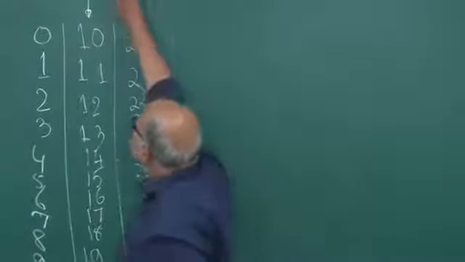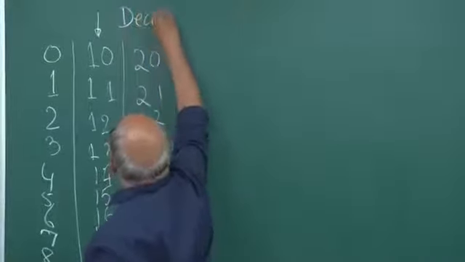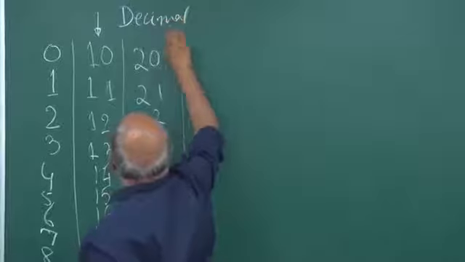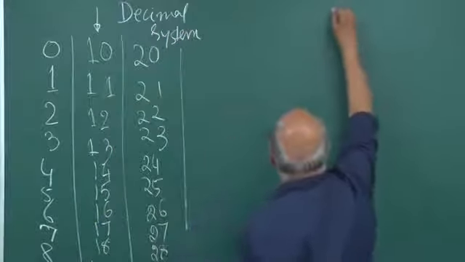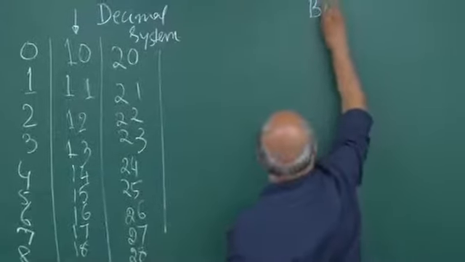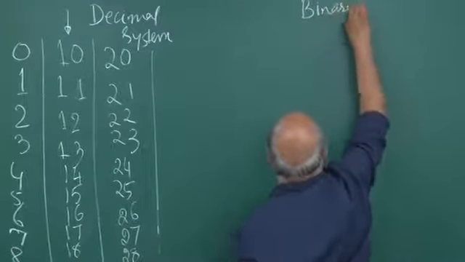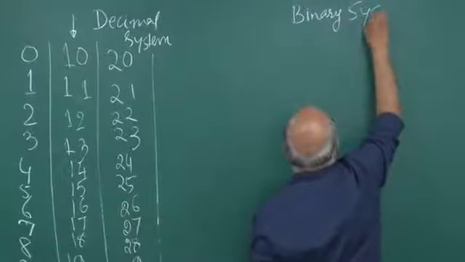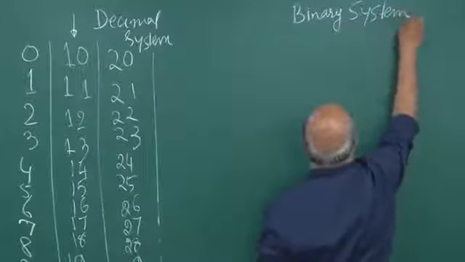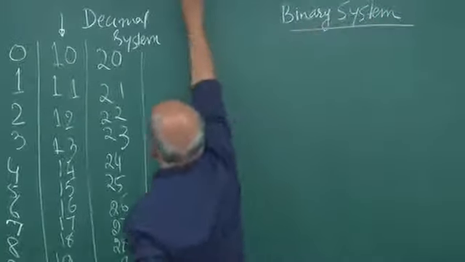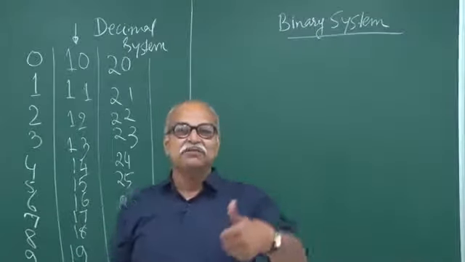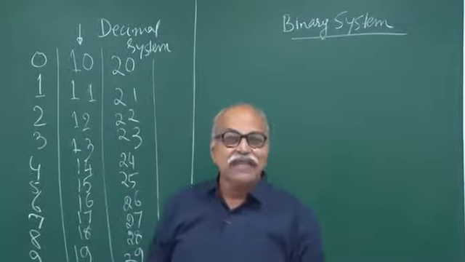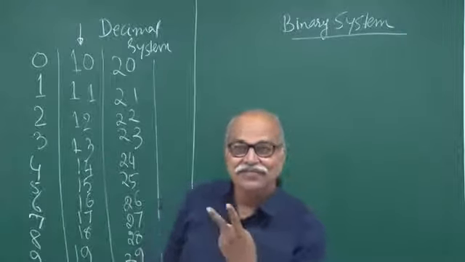So, this was counting in decimal systems, and if I do counting in a binary system, think of the first book of arithmetic, counting, but using only 2 digit symbols.